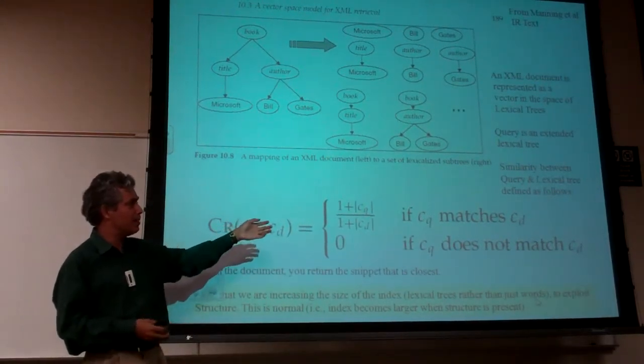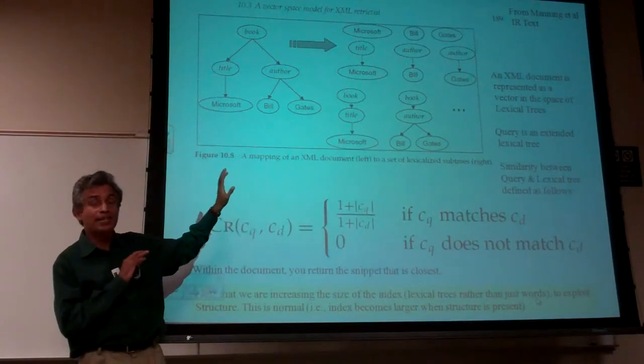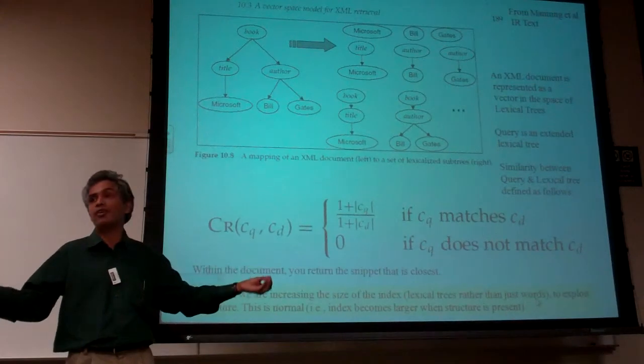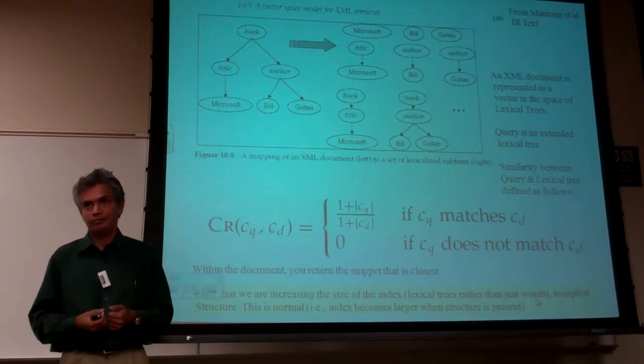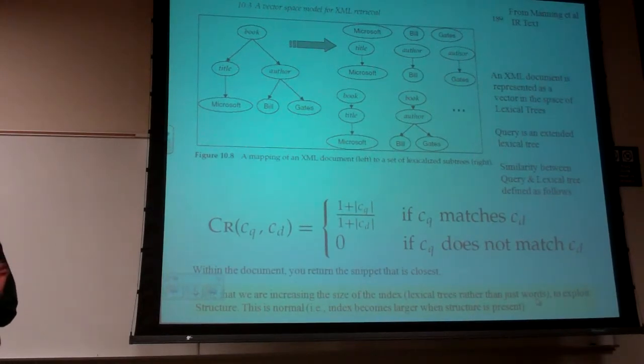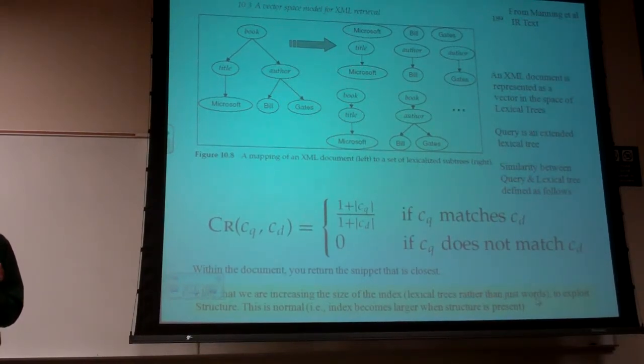This is one example. I'm not even going to go into it. I'm basically trying to tell you that now you need support for deciding whether two subtrees are similar or not. Those are the complications that you will have to deal with because you have structure. So structure makes querying easier for the user, in the sense that you can get results that you really wanted.